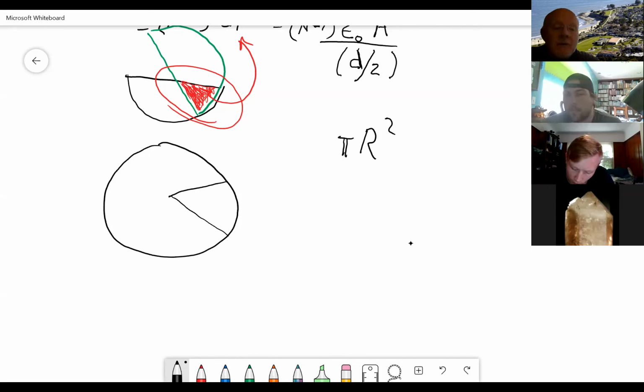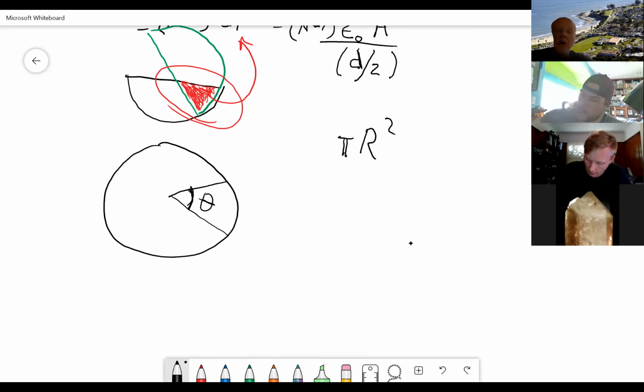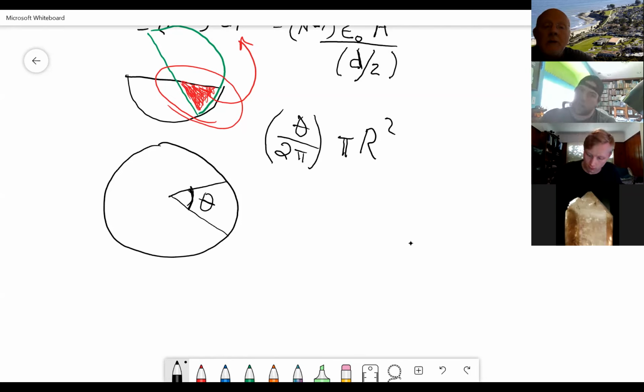And if you wanted to know the area of this pizza piece right here, or this pie piece, and you called that theta, then you would only have a fraction. And if you did it in radians, you would call it theta over 2 pi. Since 2 pi is a full circle, so this is the area of a full circle right here, and then this is the fraction.